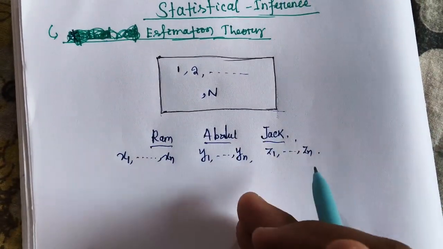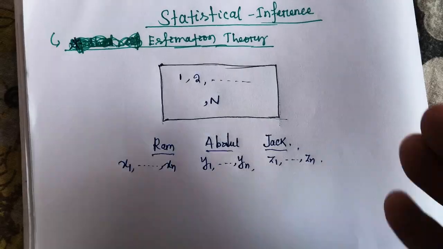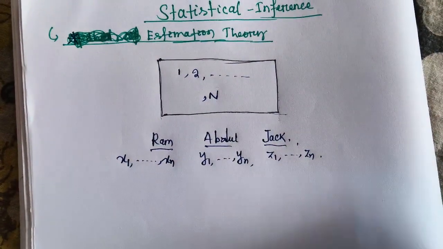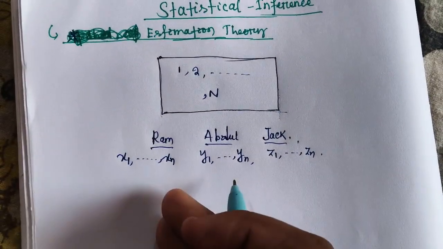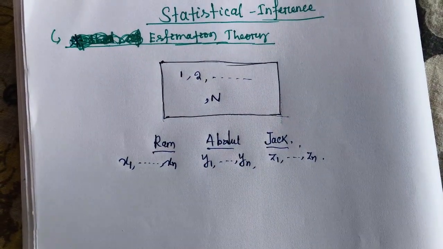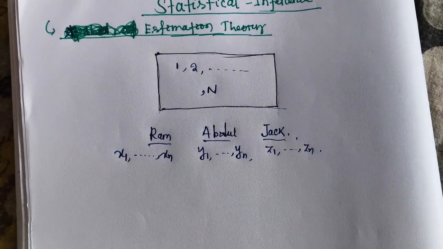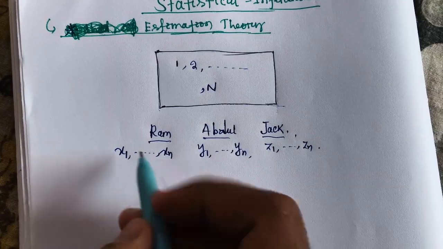So here the entry comes of estimation theory, which sets a parameter so that we can say a sample's values, or its estimator, truly define the whole population. So here what is the estimator? Let the sample values of Ram be x1, x2, up to xn.